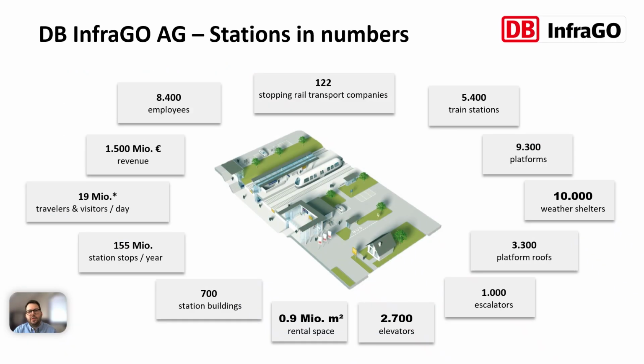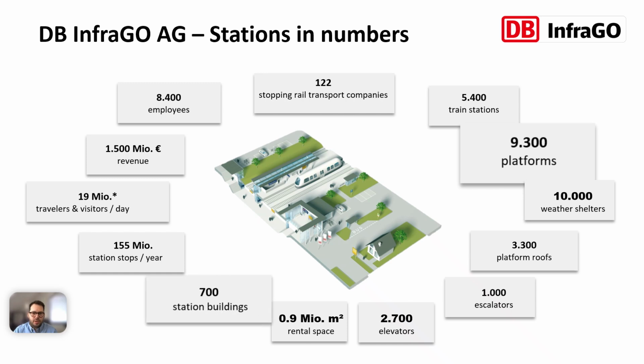I will shortly introduce my company with some key facts. DB Infrago, as part of the DB group, is subdivided into 5 divisions, and stations is one of them. We operate 5,400 train stations and 700 station buildings. If we take a look at the other numbers, this means 9,300 platforms and around 2,700 elevators as an example.